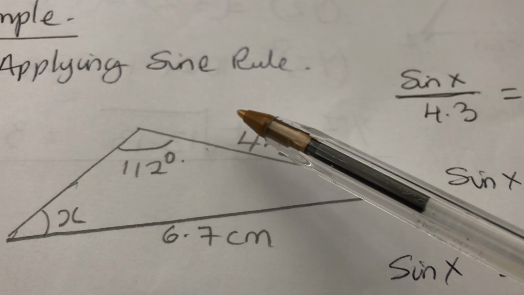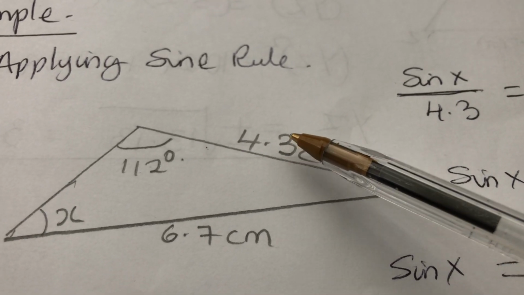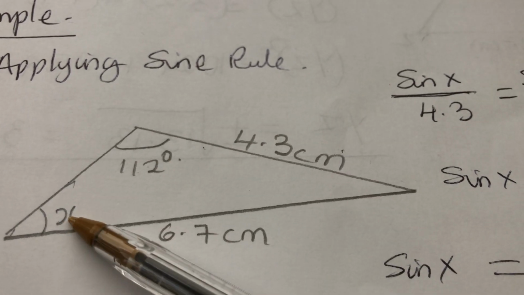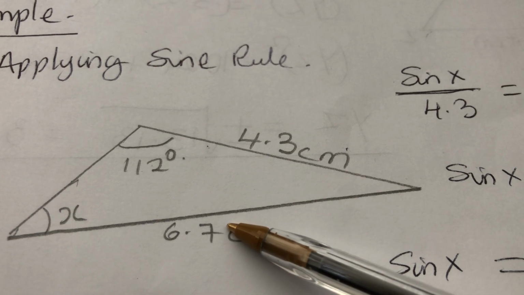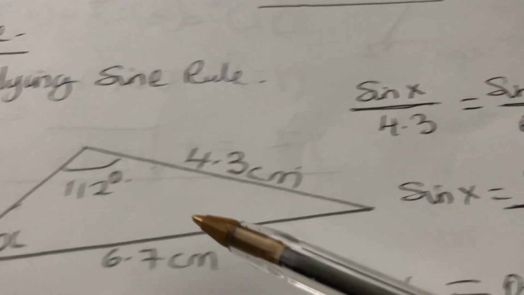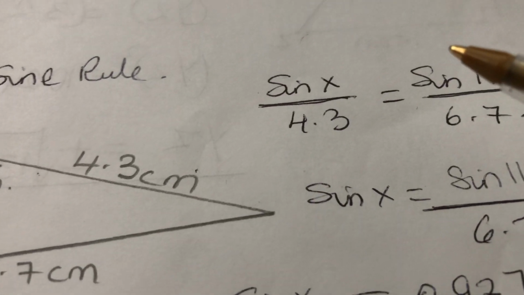No, you don't do that. So if you decide to use the length on the numerator and the angle in the denominator, then you have to do the same for the second one. Immediately you set that into motion, you've applied sine rule.